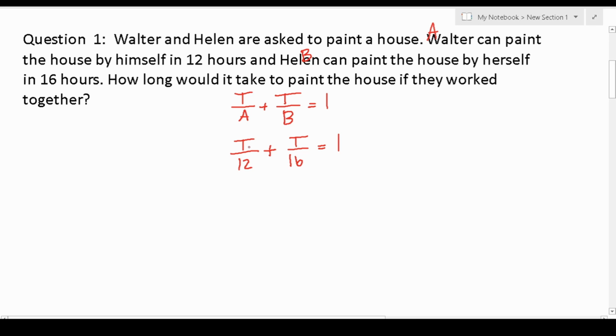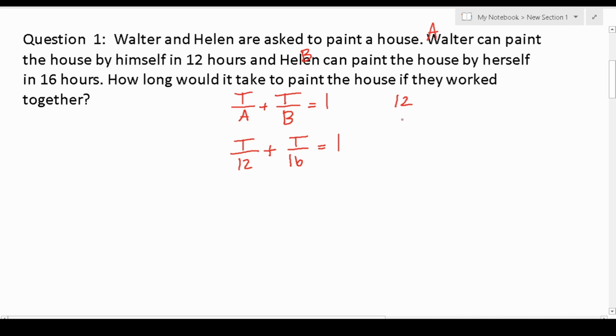As you can see, we're adding 2 fractions here, notably T over 16 plus T over 12. In order to add these fractions, you may recall that we need to have a common denominator. And in this case, it might be helpful to list out factors in order to find that common denominator.